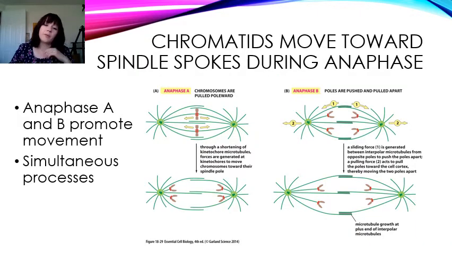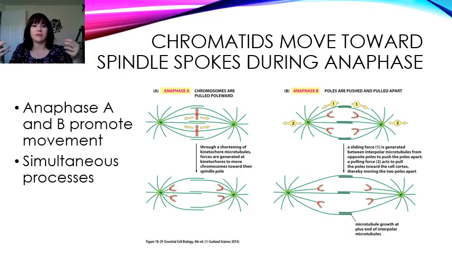Now, a little bit more detail of what happens during anaphase that might be new. These chromosomes are getting pulled apart from each other, and there are two ways that this happens. The two methods are called anaphase A and B. These are both happening at the same time. So first of all, you could have the microtubules that are attached to the chromosomes shortening, right?